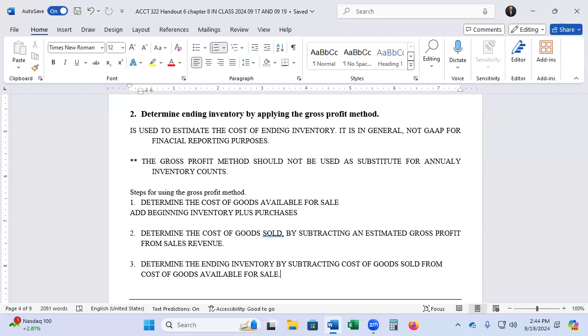And so we estimate our cost of goods sold to be 70%, and that's how they're getting their gross profit and their estimated cost of goods sold. And this part gets a little confusing because they talk about markup on cost and markup on selling price, but really it's not as confusing as it seems.